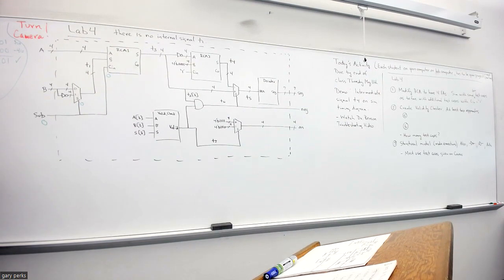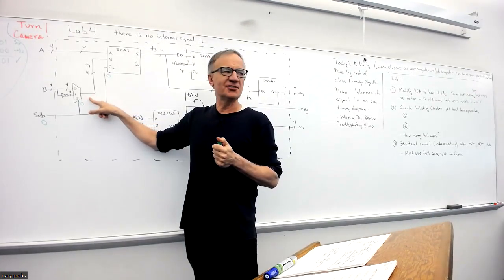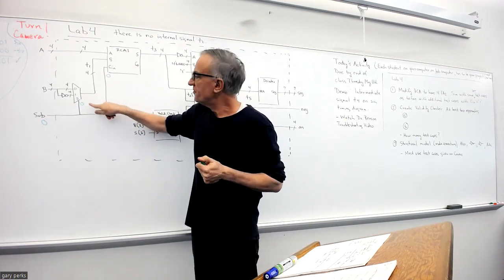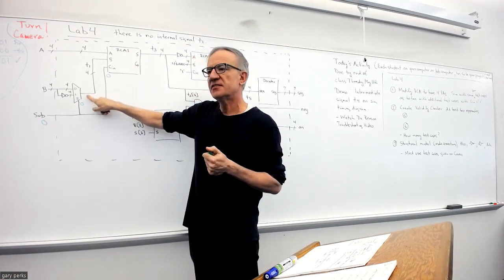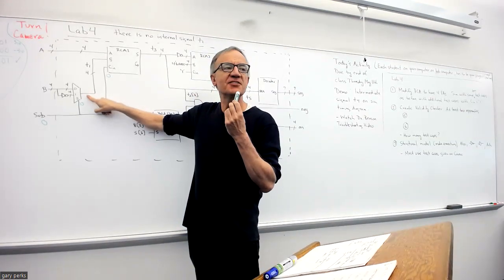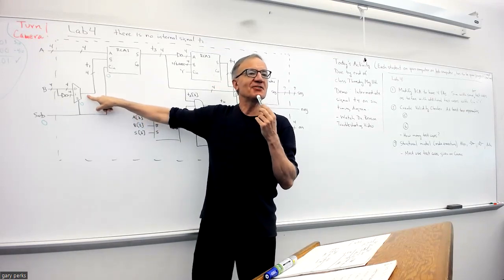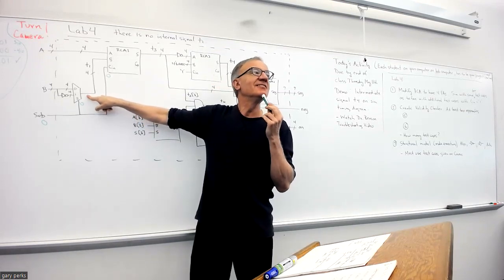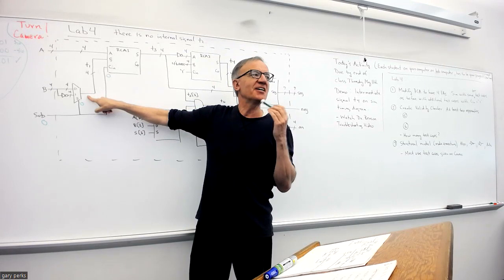Okay, so you all know how a mux works now, or at least you should, since you did this for lab 3. If there's a 0 on this select line, what is the output of this mux going to be? Which input would be connected to this output if the select is 0?